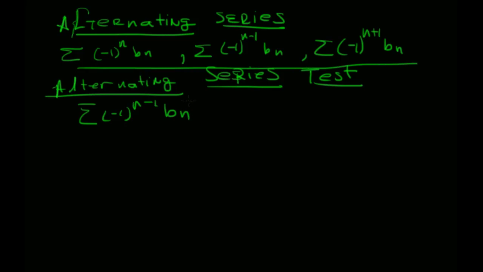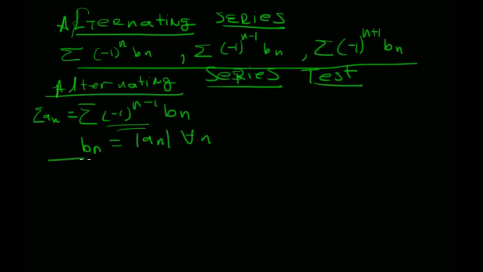Any one of these it'll work with. We're just using this as our example. So the series itself is being labeled as a to the n, and this means that b to the n is the absolute value of a to the n, because we're stripping off the alternator. And that's going to be true for all n.